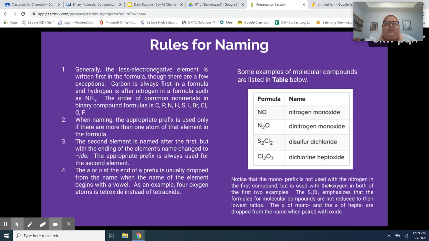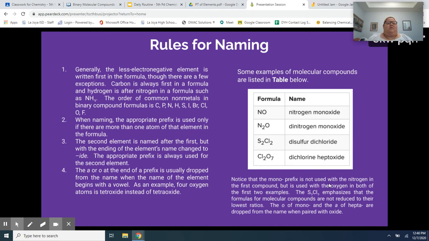Carbon is always first in a formula, and hydrogen is after, with nitrogen in a formula such as NH3. The order of common nonmetals in binary compound formulas is carbon, phosphorus, nitrogen, hydrogen, sulfur, iodine, bromine, chlorine, oxygen, and fluorine.